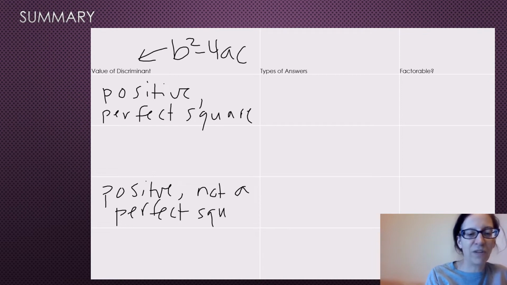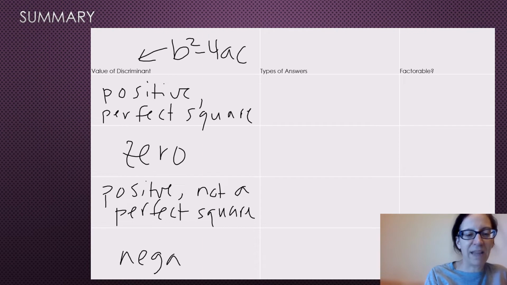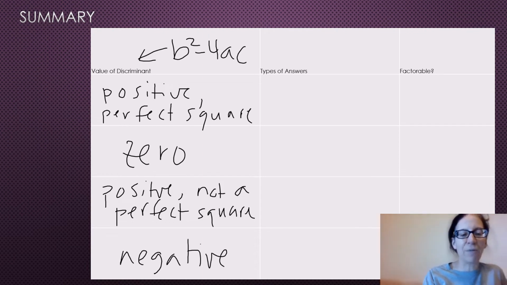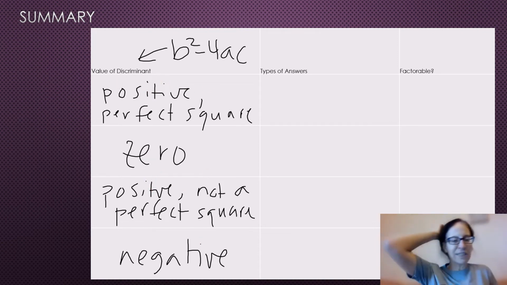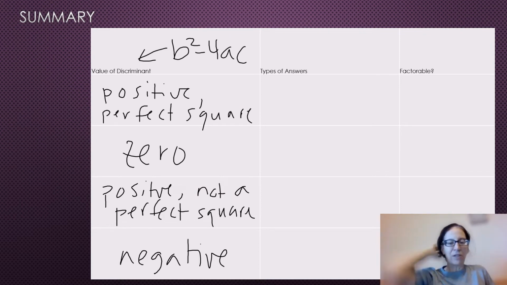One of those you're going to get a nice square root. The other one you end up with a decimal. It could be 0, or it could be negative. So essentially we've got the categories of positive, 0, or negative, but the positive breaks into two categories, whether it is or is not a perfect square.